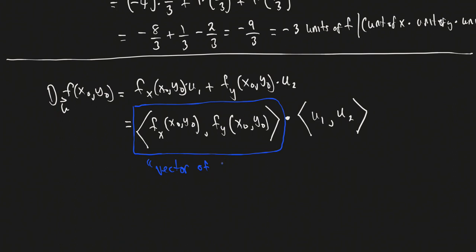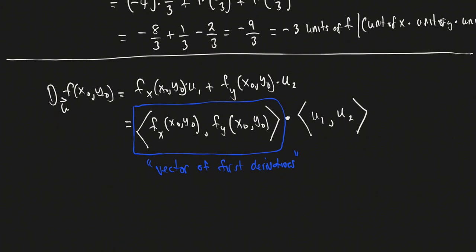So this is a vector of first derivatives. And it turns out that vector is really important. Not only does it give us a nice way of denoting our directional derivative, it's going to serve a lot of purposes going forward. And this vector is what we define as the gradient of the surface, right?